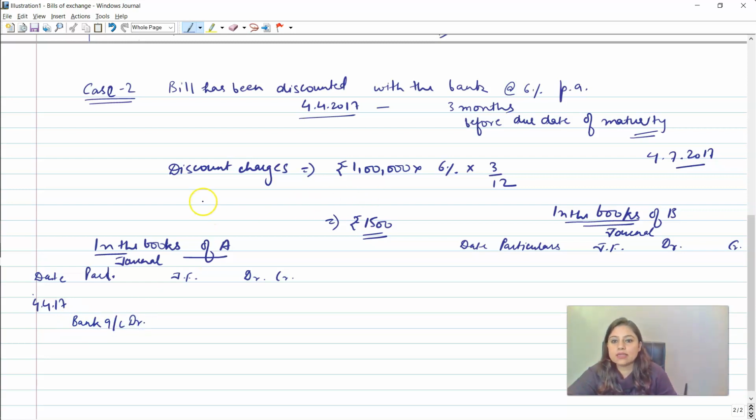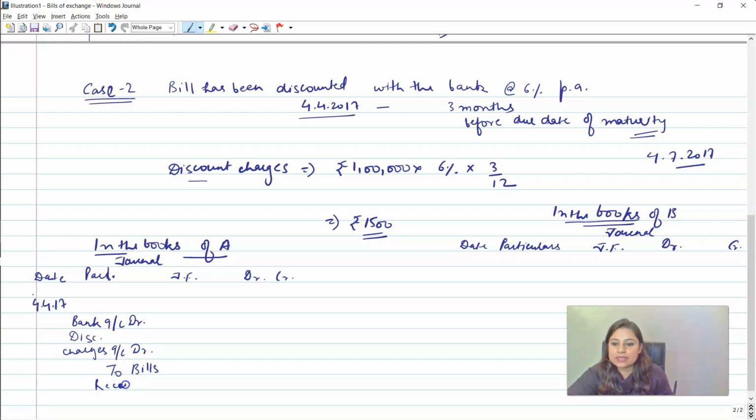And then there are discount charges that are being charged by the bank to the drawer. So such discount charges will again be debited as they become the expense of the drawer. Debit to bills receivable account.